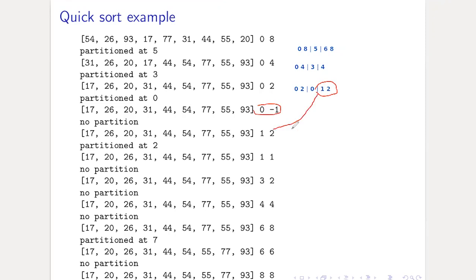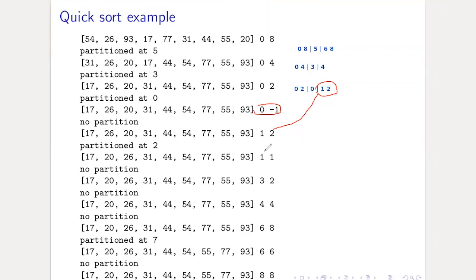And when you are returning, you will of course again get a partitioning point at 2. That means on the left hand side you will have 1 and 1, and on the right hand side you have nothing.